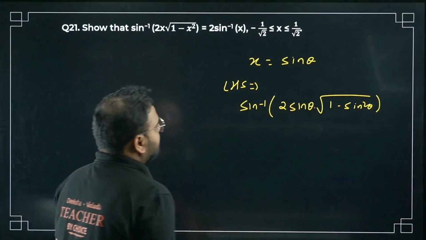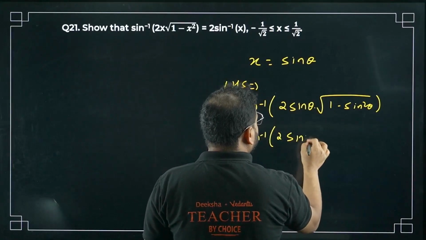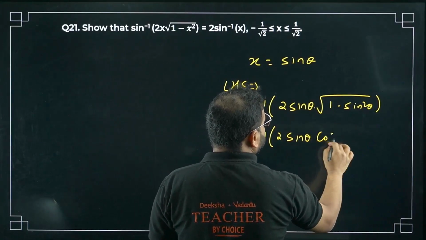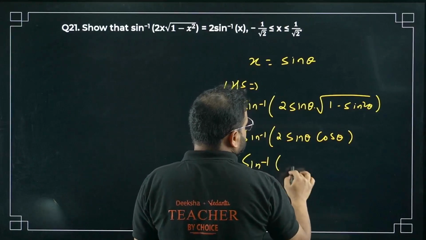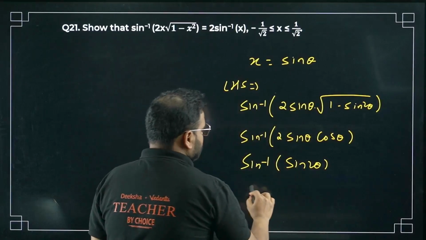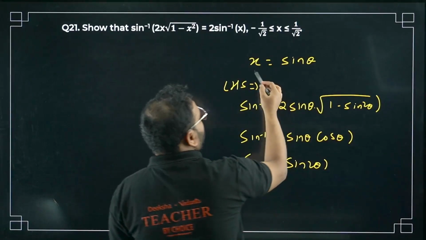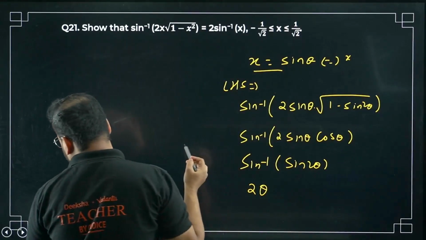That's agreed. So what we have over here is 2 sine theta, and this is going to be simply cos theta, leaving me with sine inverse of sine 2 theta, which will give me simply 2 theta. And theta value from here is nothing but theta equals sine inverse of x.